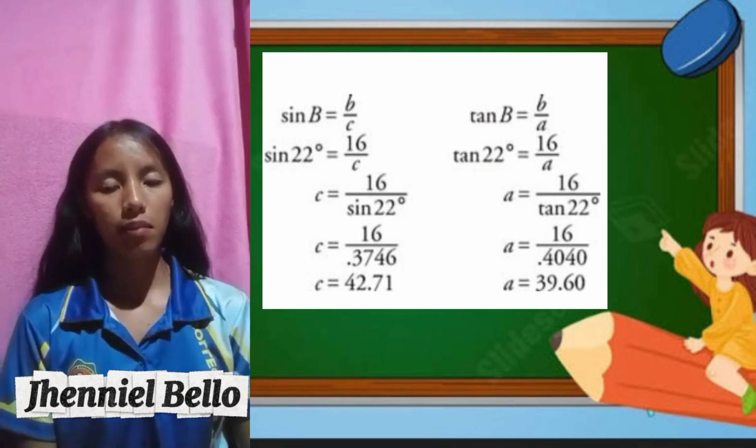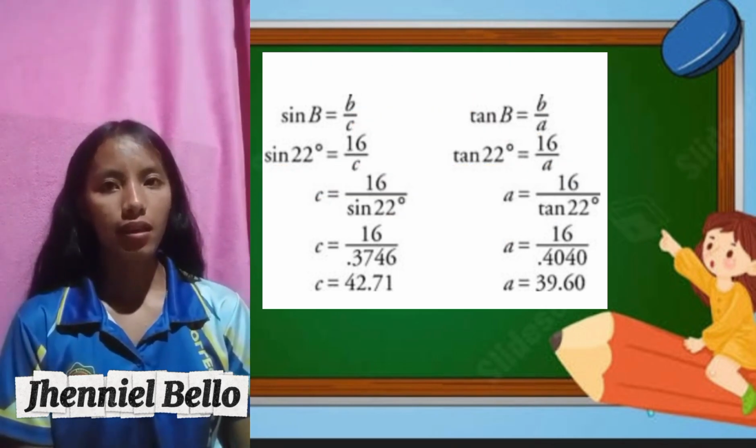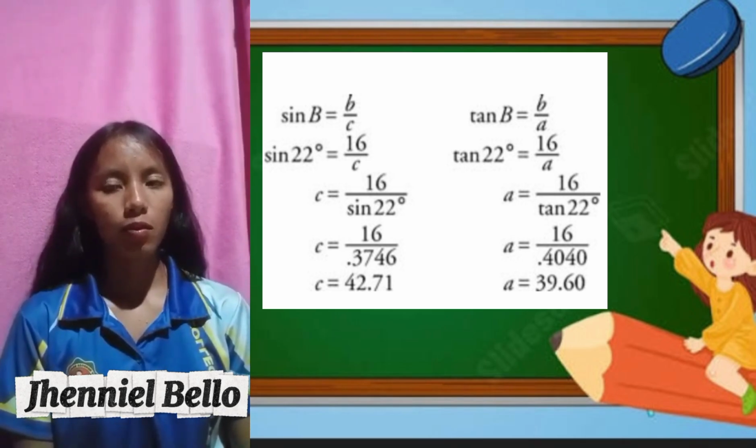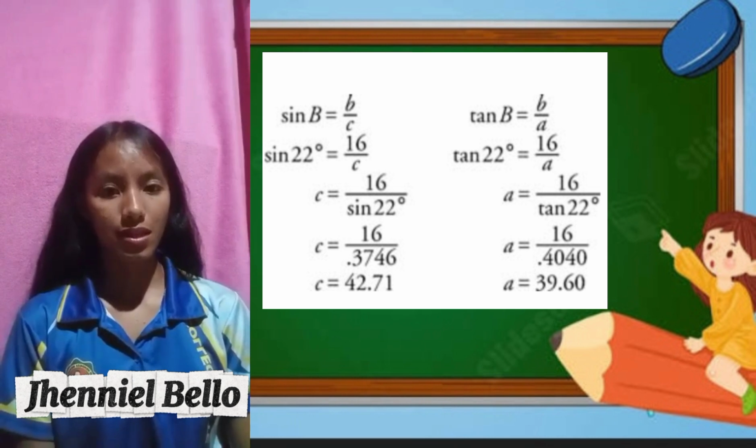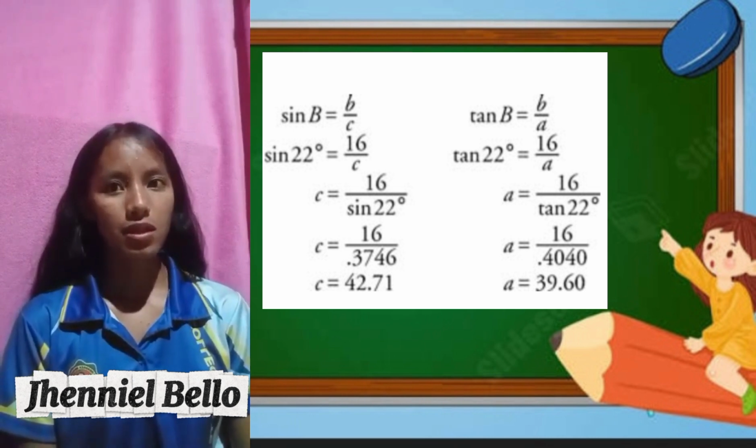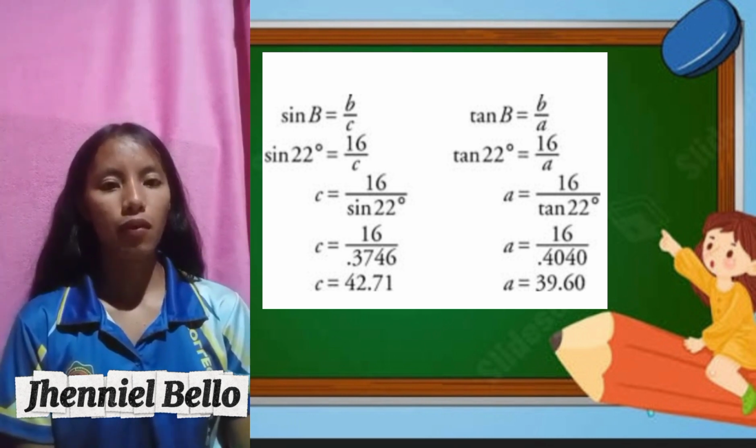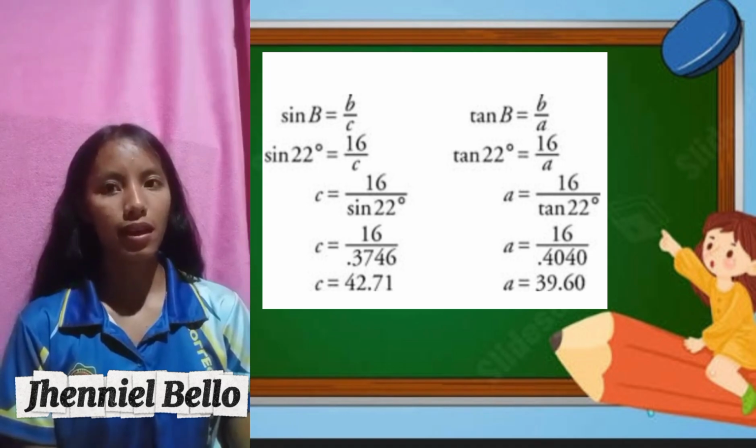So sin B is equal to b over c. Since B is 22 degrees, sin 22 degrees is equal to 16 over c. So c is equal to 16 over sin 22 degrees.